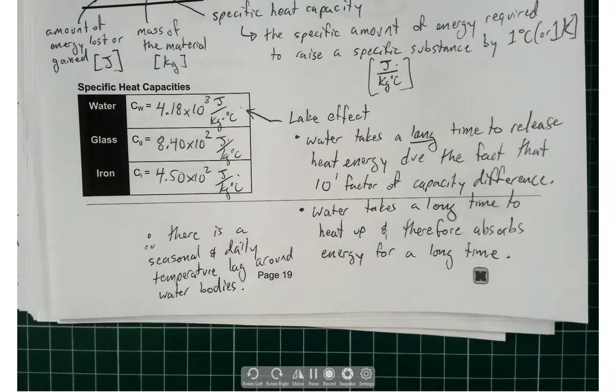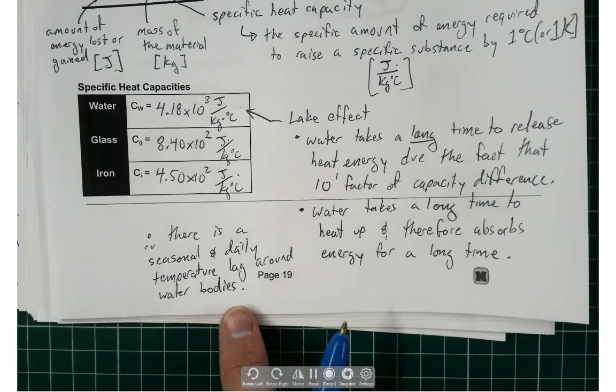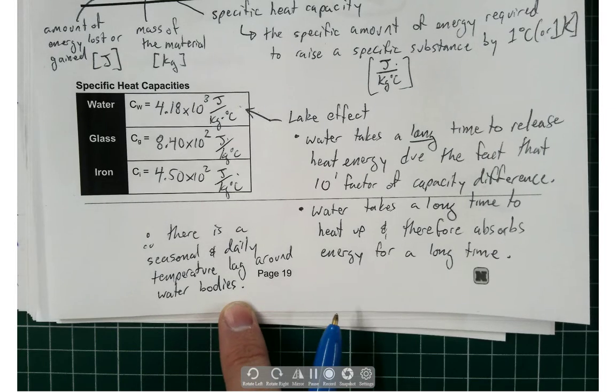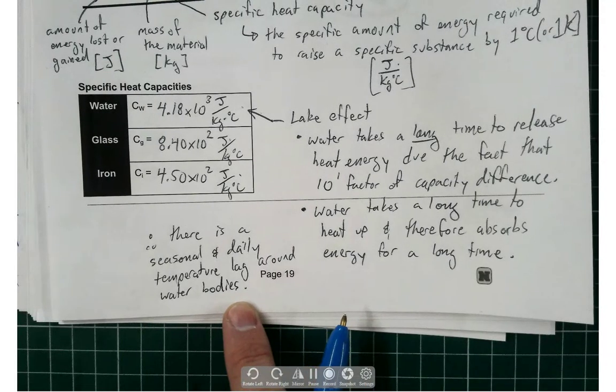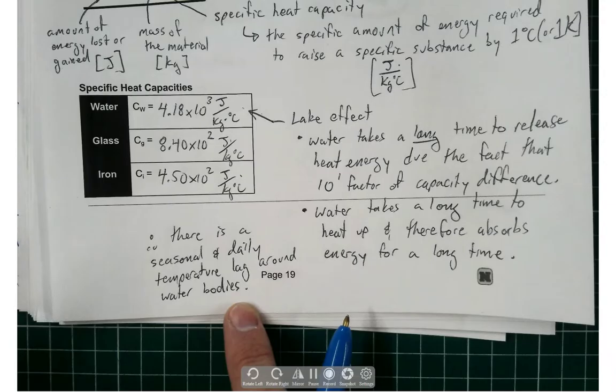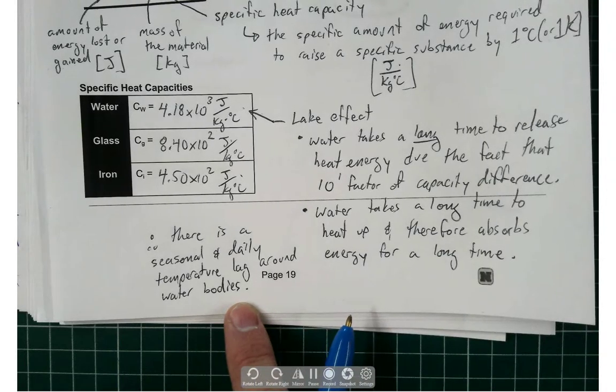And so if I'm out in the countryside, away from a lake, away from a large body of water, when the sun goes down, it gets cool in a hurry. If I'm right beside a huge body of water, when the temperature goes down, I'm actually still sitting beside this body of water that's been heating up all day long. It's like I got a giant hot water bottle right beside me, and it's still radiating heat off of it. It's going to lose energy all night long.